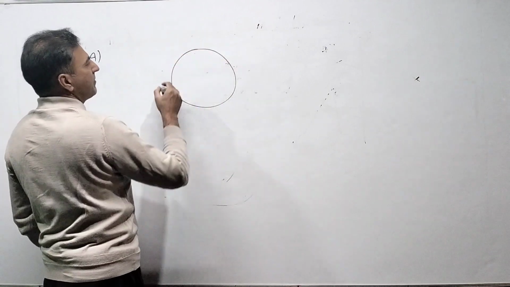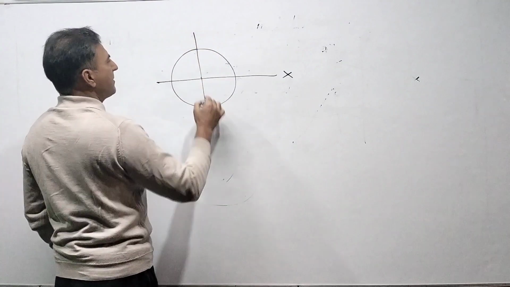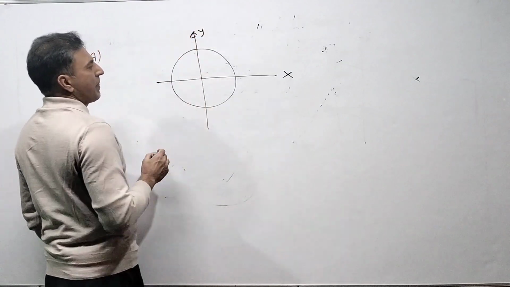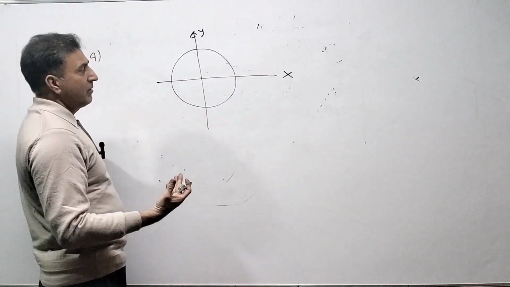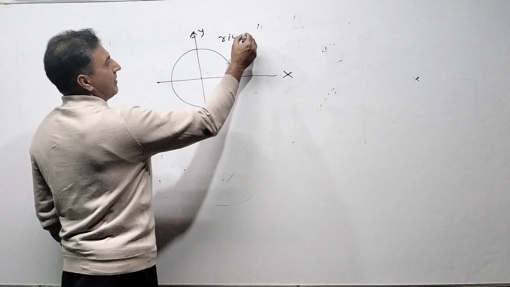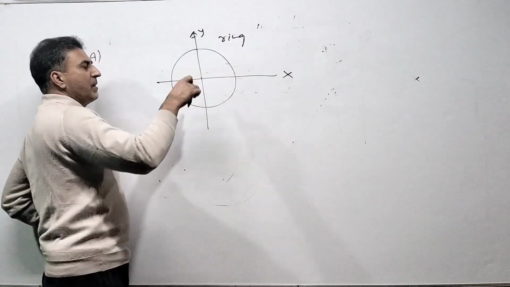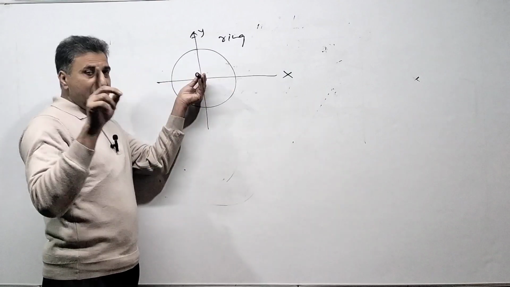This is the x-axis, this is the y-axis. What is the moment of inertia of this ring about the x-axis? That we don't know. We know the moment of inertia of the ring about the z-axis, which is perpendicular to the plane of the ring. That is mr square.